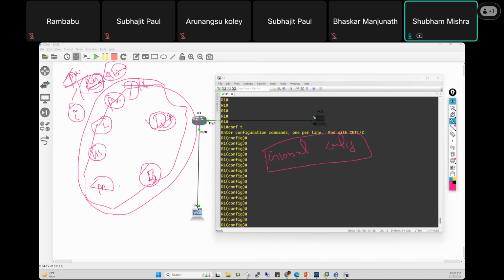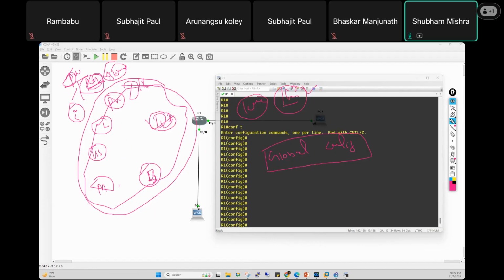Getting my point? Two words, locally and globally. Globally means whatever you configure will be implemented on the entire router, on all interfaces. When I talk about locally, it means it applies to a particular interface or a particular thing.